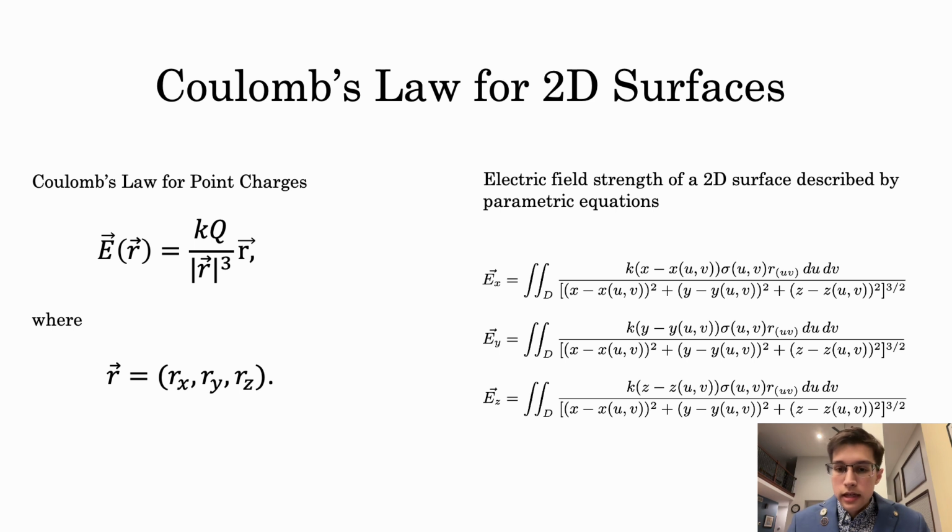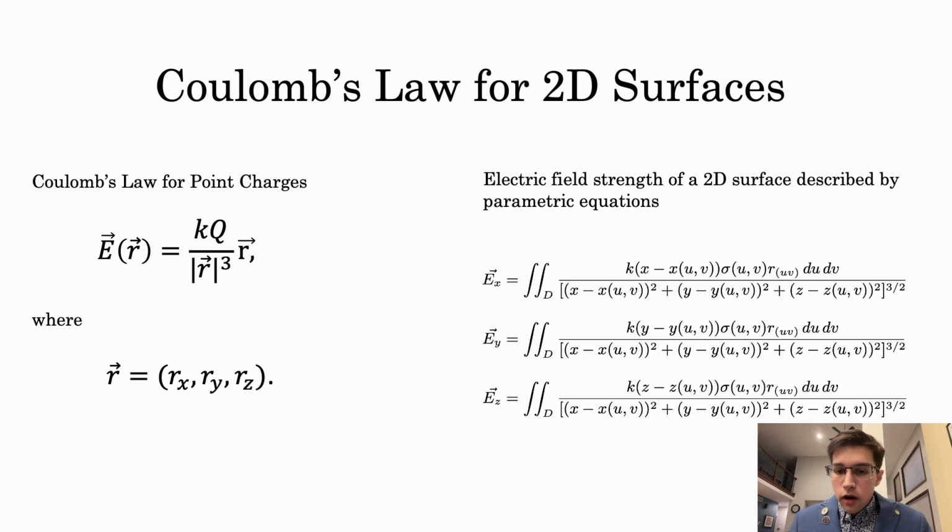Over on the right is the electric field strength of a 2D surface described by parametric equations. Here we have a double integral with respect to u and v, which are the parameters of a 2D surface parametric equation. The denominator is equivalent to our position vector magnitude to the power of 3.